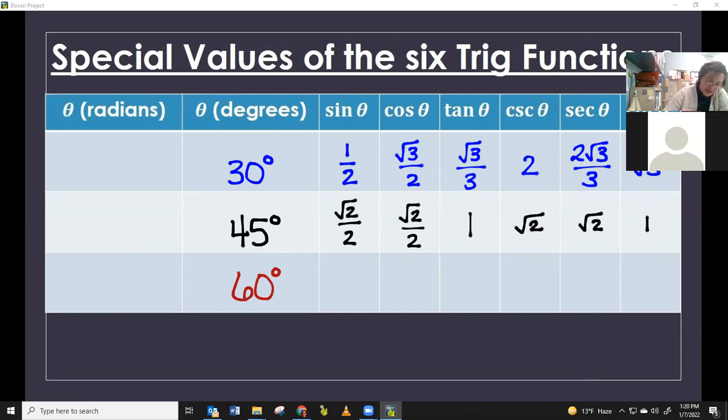For our 60-degree angle, sine and cosine of 30 flip, so I've got square root of 3 over 2, and then 1/2. Tangent is square root of 3. Cosecant is 2 square root of 3 over 3. Secant is 2. And cotangent is square root of 3 over 3.